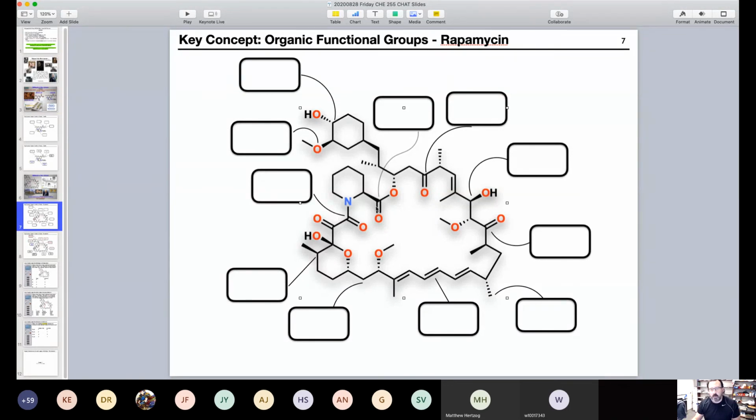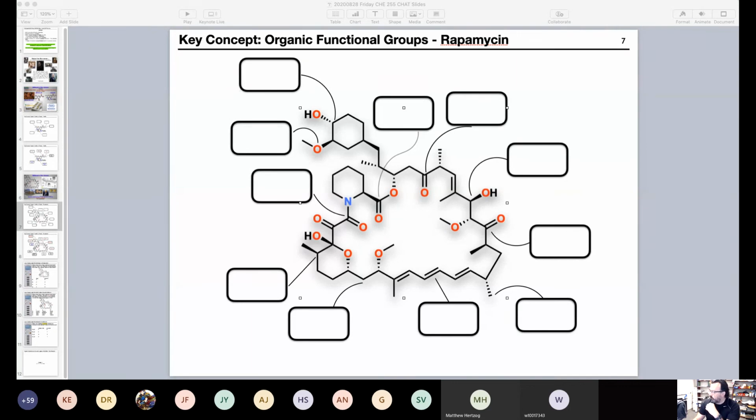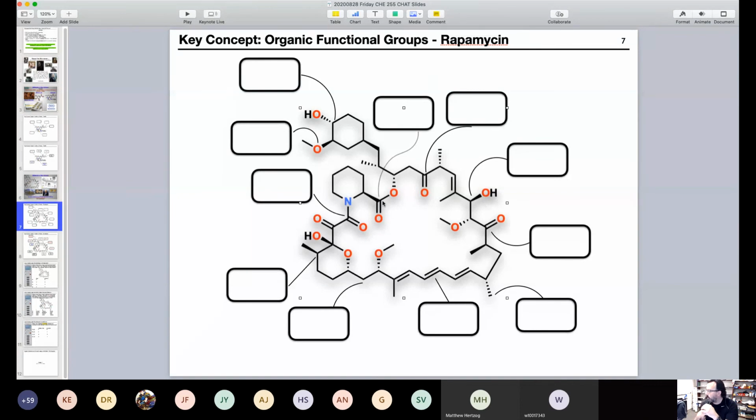So what about this carbon here? We said that was an ester. So Rosemary got her fingers a bit too fast on the keyboard, I think. So it's an oxidation state of 3.